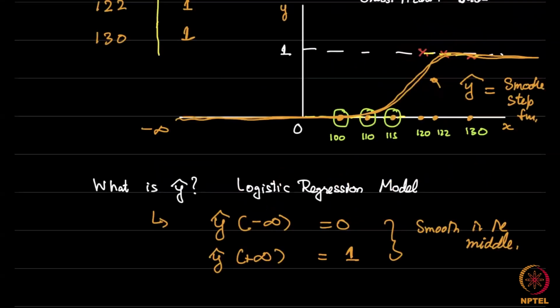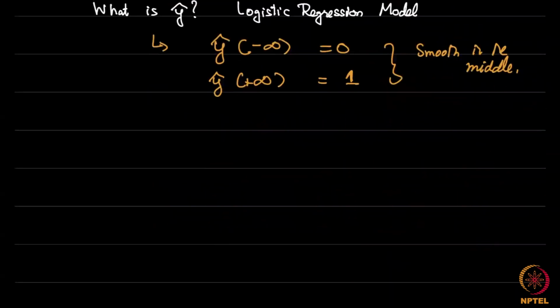So this is the general idea of a function. Obviously, we need it to switch somewhere in between 115 and 120. So that is where we want to see this rise, and I'll tell you how to do this in 2 steps. So the idea is we create a new function which is a smooth step, and that's called the sigmoid.